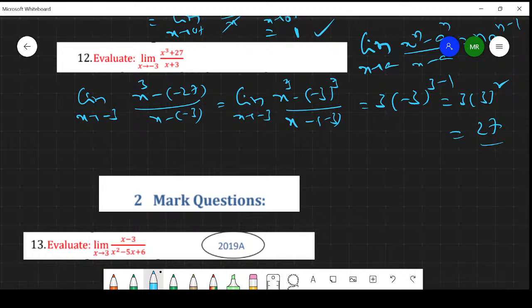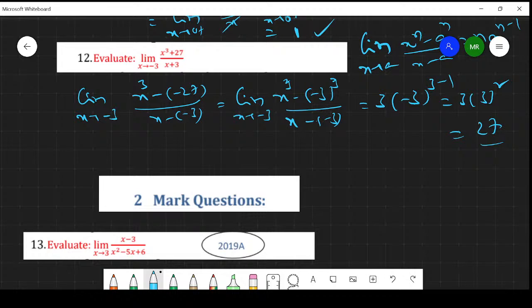It takes another 15-20 minutes in today's session. Tomorrow's session I will complete 3 marks questions, and I will explain the sandwich theorem along with them.